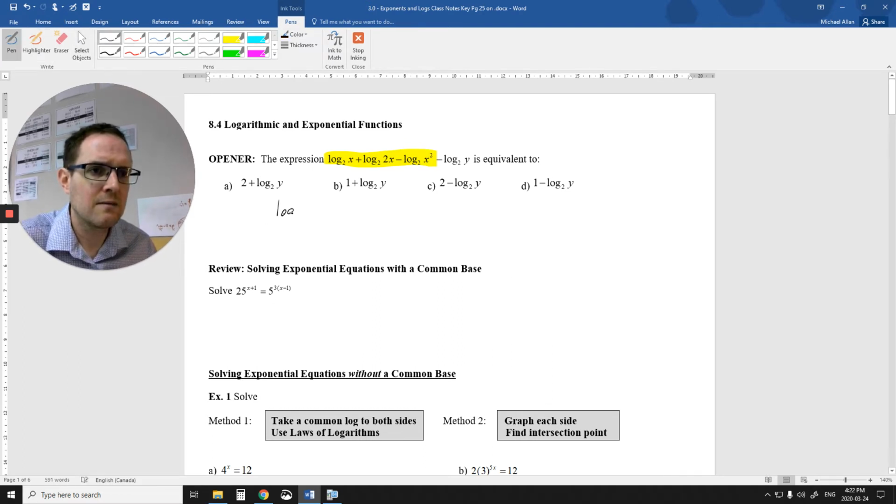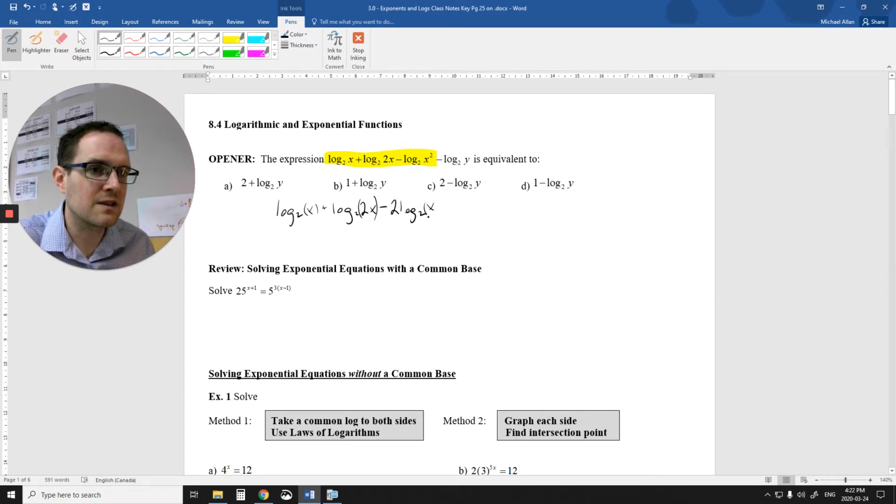So let's see what we have. We have log base 2 of x plus log base 2 of x. And then with this one here, so it looks the same as the other ones, I'm going to just drop that exponent down. Here we have a multiplying. We're multiplying two things, this 2 and the x, within the log.